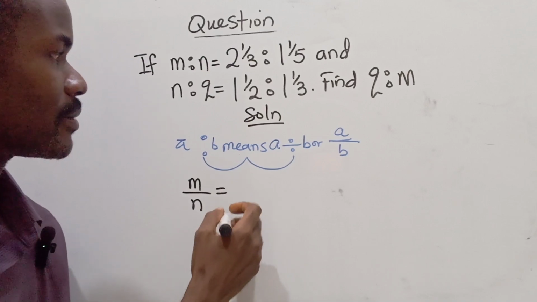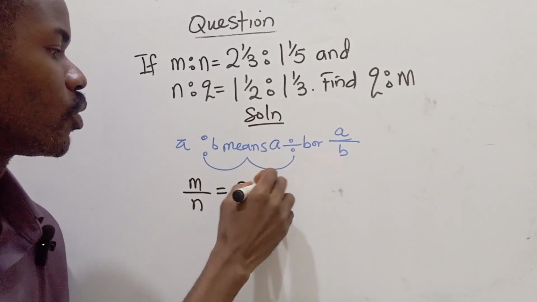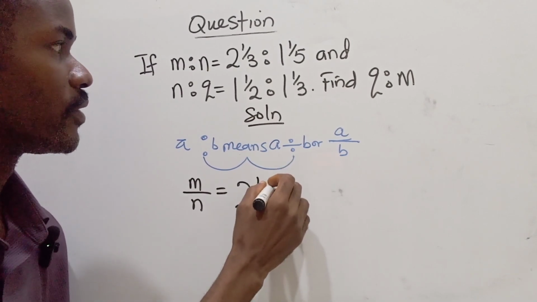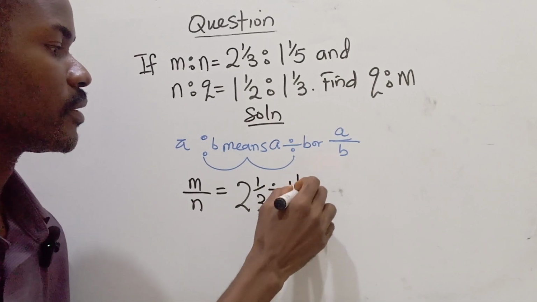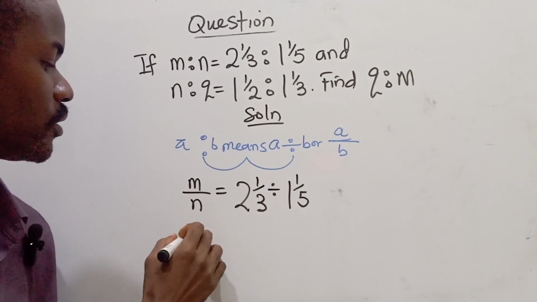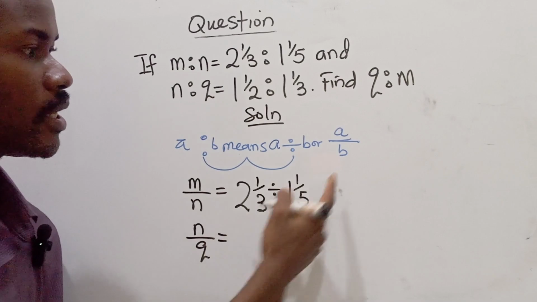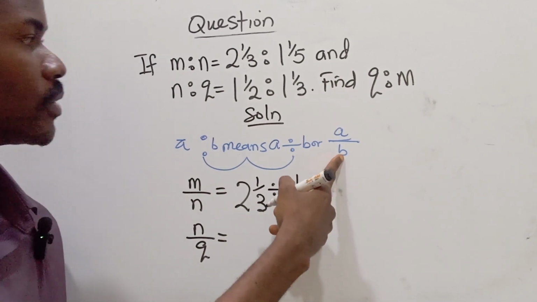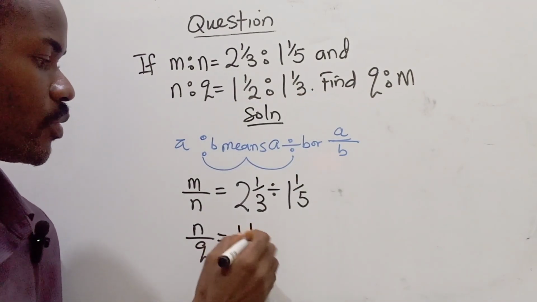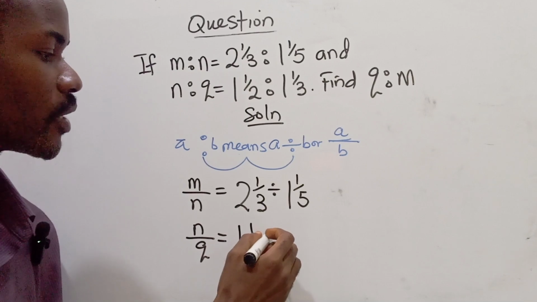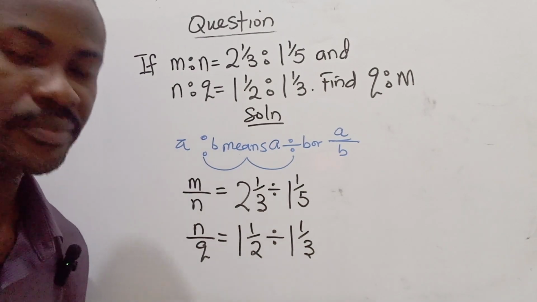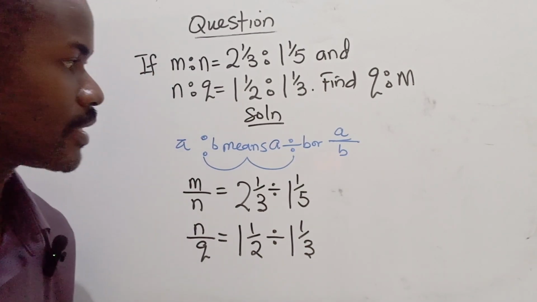We can write as, of course, 2 1/3 divide 1 1/5. And for this we have n ratio q. I choose to use this form, so we can also write this other part as 1 1/2 divide 1 1/3. All right, so that's our first step.